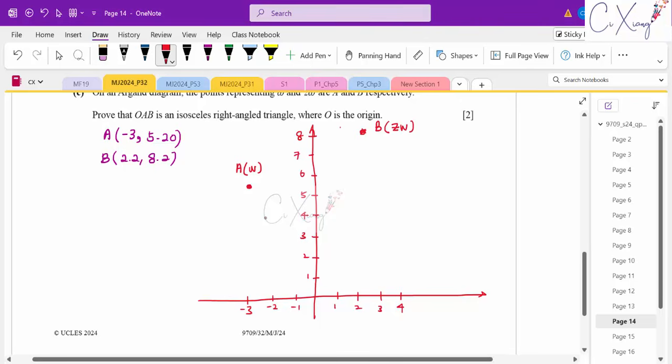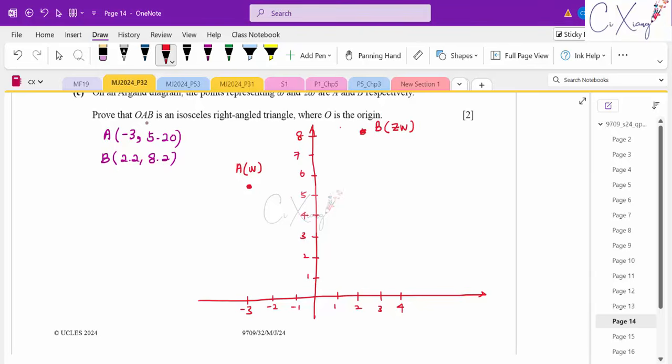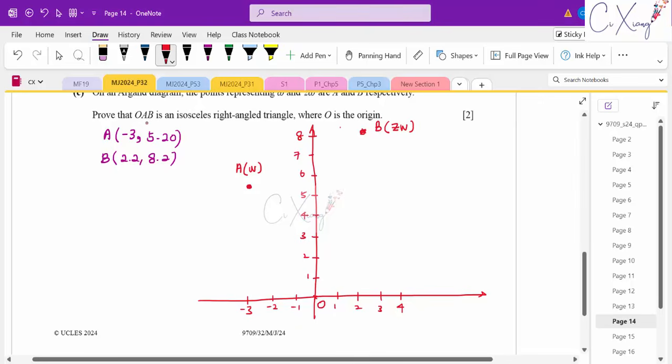Okay? And then they want us to prove that the OAB is an isosceles right angle triangle. O is basically the origin. So the triangle that we have here basically is something like this.